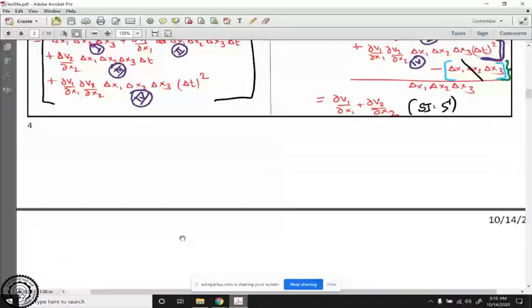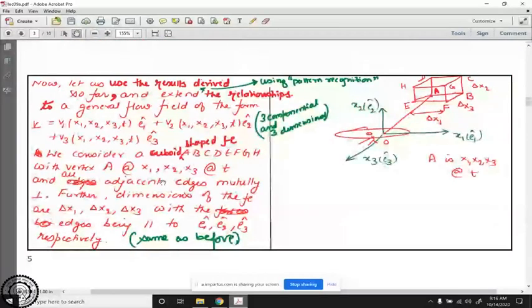But those answers are for the case when the velocity field has been assumed to be two componential and two-dimensional. So it was a good exercise. I hope that gave you insight and also made you aware how to approach finding such expressions.